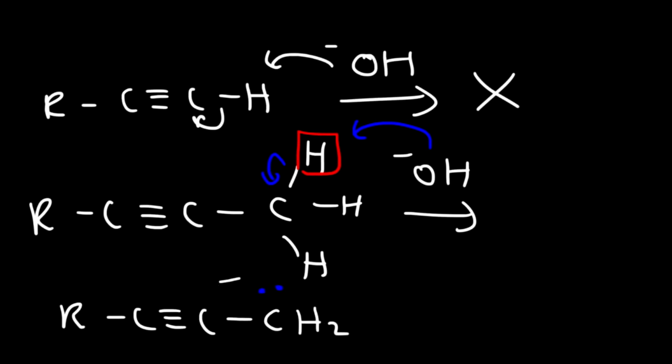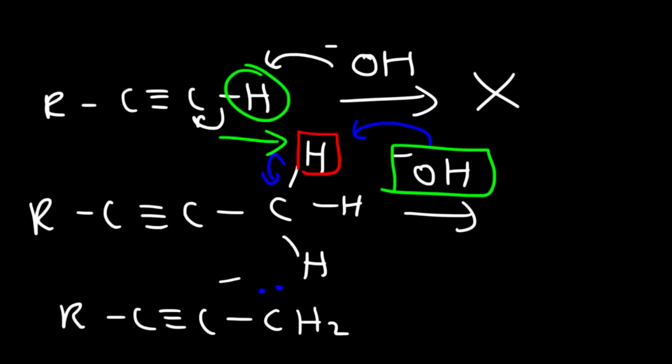And so that makes this hydrogen more acidic towards deprotonation by hydroxide. But hydroxide is not strong enough to take off the hydrogen of a terminal alkyne, because once you put that negative charge on the alkyne, it's not stabilized by resonance. So this hydrogen is more acidic due to the stabilization of the conjugate base.